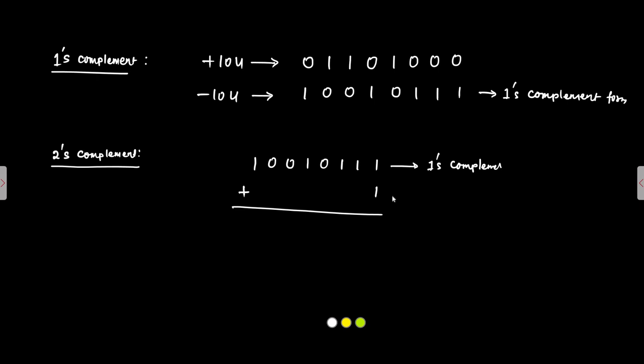So we have 1 plus 1 is 0 with a carry of 1, again 1 plus 1 is 0 with a carry of 1, 1 plus 1 is 0 with a carry of 1, 1 plus 0 is 1, giving 1 0 0 1 1 0 0. This is the 2s complement form.